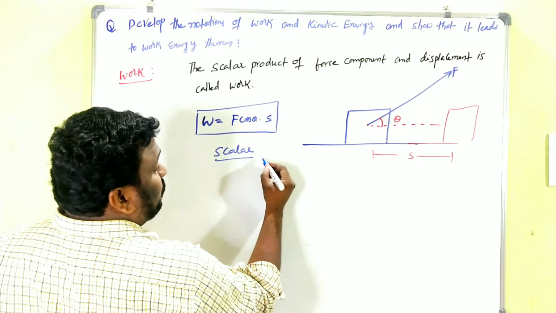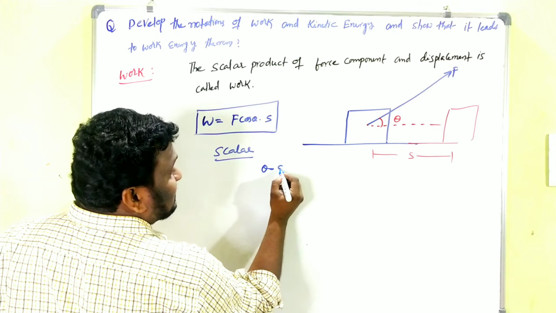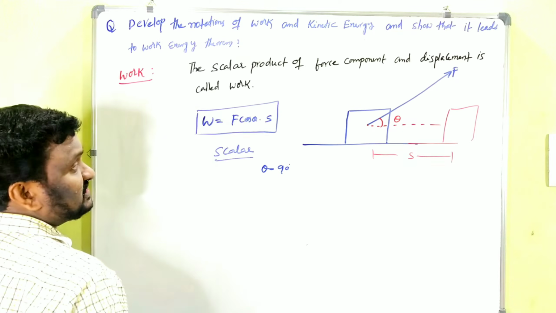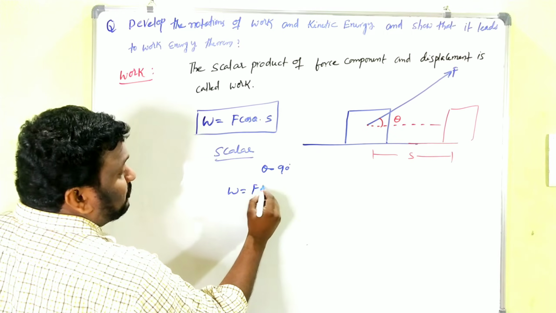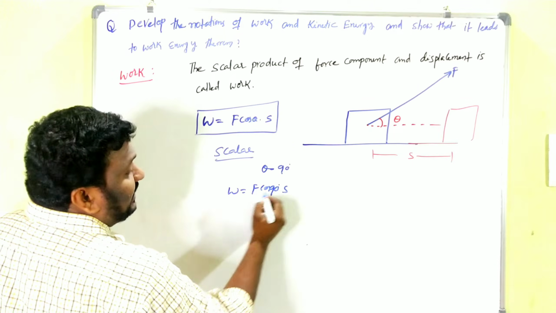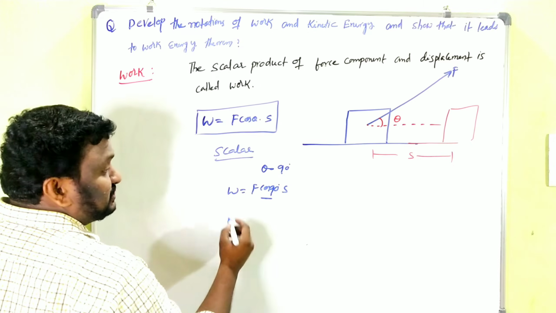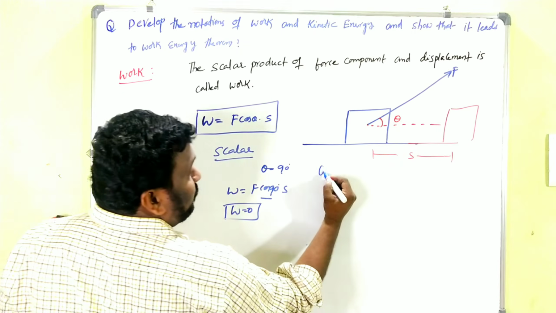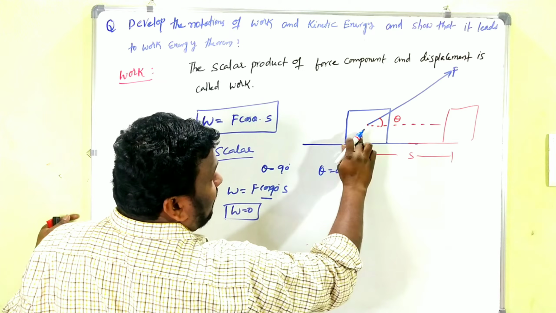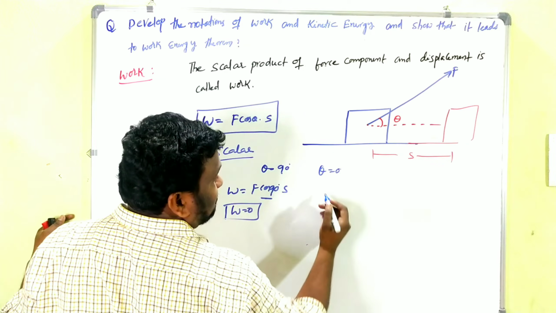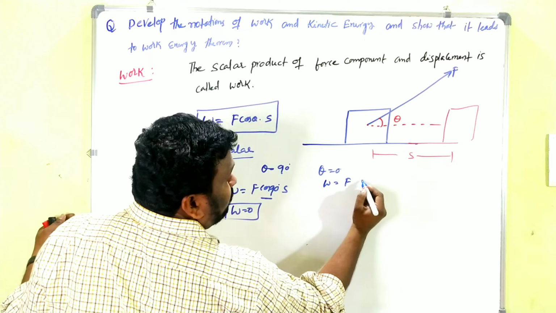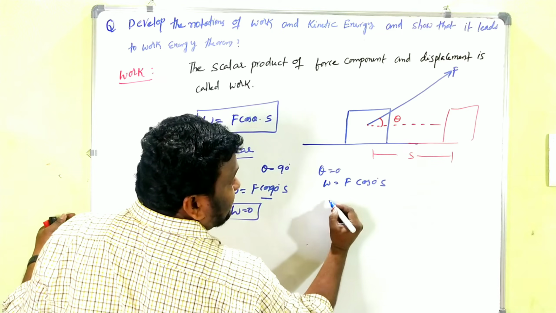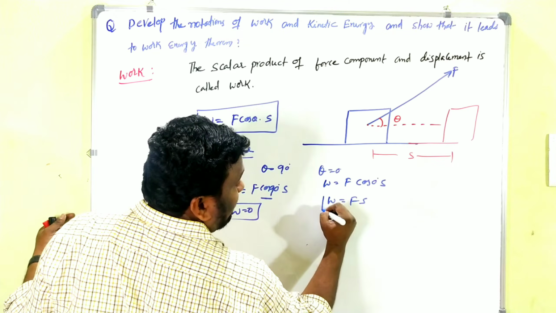In this case, children, if the angle is 90 degrees, then F cos 90 into S. The value of cos 90 is 0, so work is 0. If theta is equal to 0 degrees, that means we are applying the force along the horizontal direction. Then we write F cos 0 degrees into S, so W is equal to Fs.